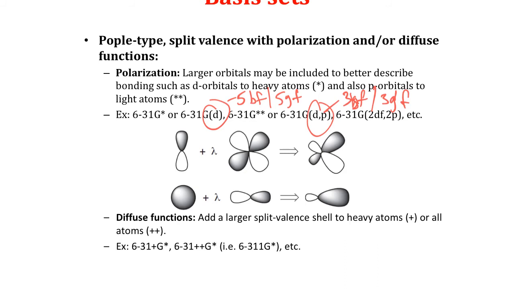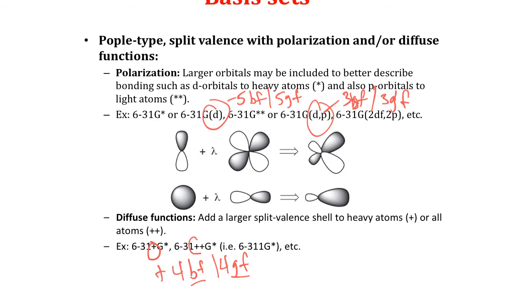Then our diffuse function is going to add that larger split onto the valence shell of each of the valence orbitals. So a plus symbol is going to add 4 basis functions, 4 Gaussian functions. This is if you're picturing something like a carbon atom, which should have 4 valence orbitals. So you're adding 1 basis function, 1 Gaussian function per valence orbital.